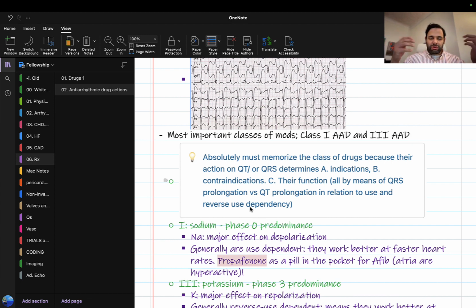If the channel is in sinus rhythm, the patient is sleeping, in relative bradycardia, or there is a bradycardic pathology, these are all states of reverse use. Or if it's actively being used, then that would be a channel that is in use. A use-dependent drug means a drug that will work better in tachycardia because the channel is used, and a reverse use drug will be better at slower heart rates.